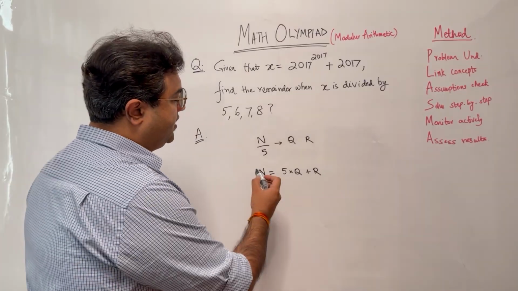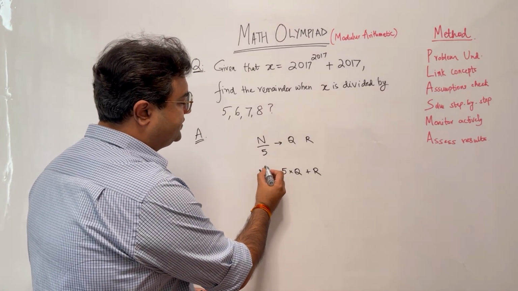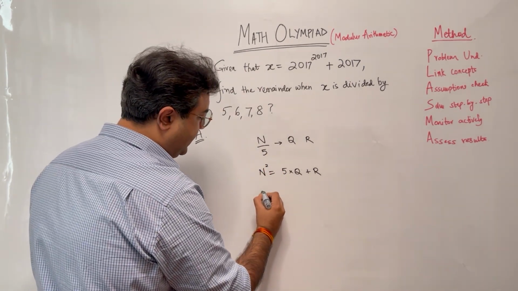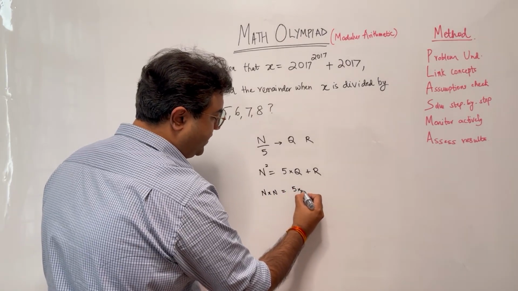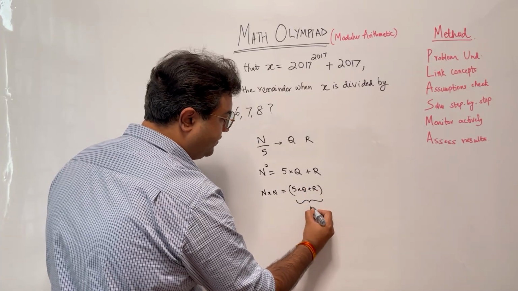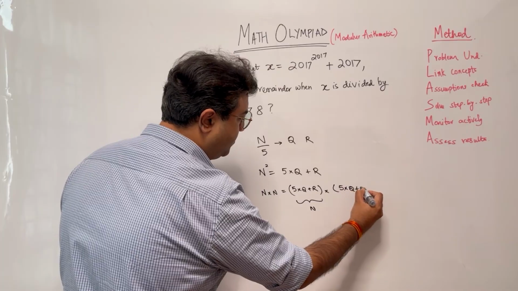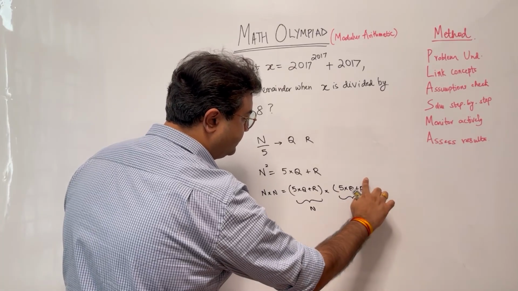Okay. Now let's say we square this. So what we will have is n times n. Here it's 5 times quotient plus r, this is one n, and then we multiply it by 5 times quotient plus r, this is another n.